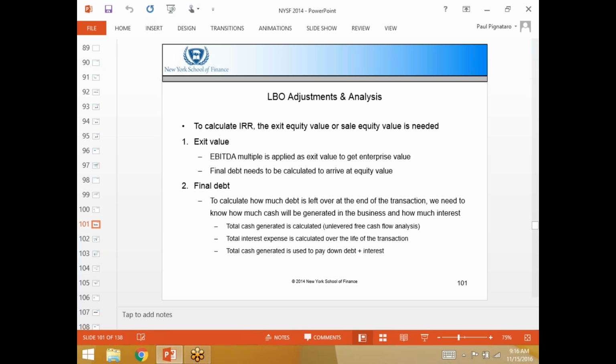So to figure out what our return is, we sell the company and figure out how much we're going to sell it for in 5 years. That's a multiple of EBITDA, an enterprise value. We don't get the enterprise value. We have to deal with the debt. Just like we made the seller deal with the debt, we're the seller now. So we've got to figure out how to pay down the debt.